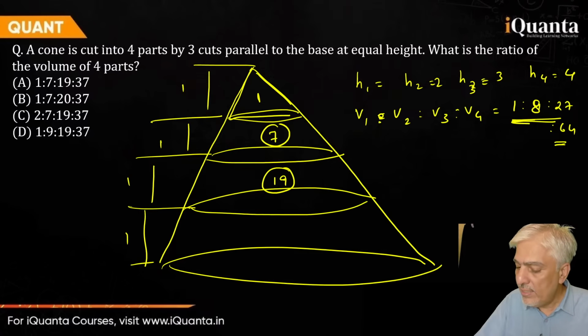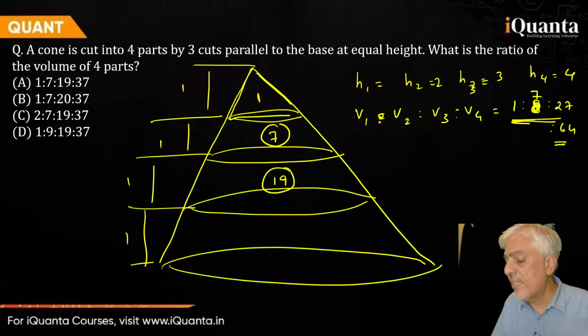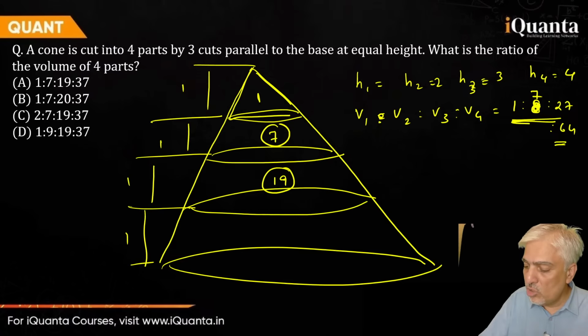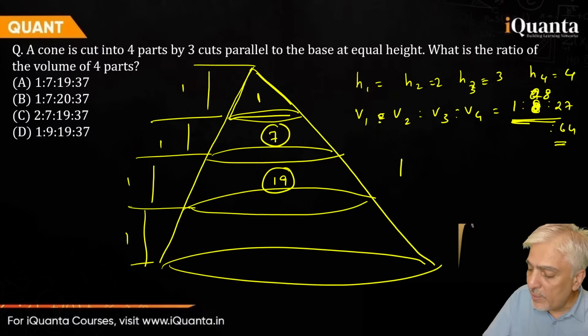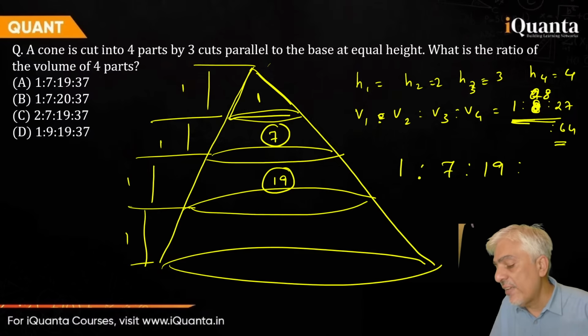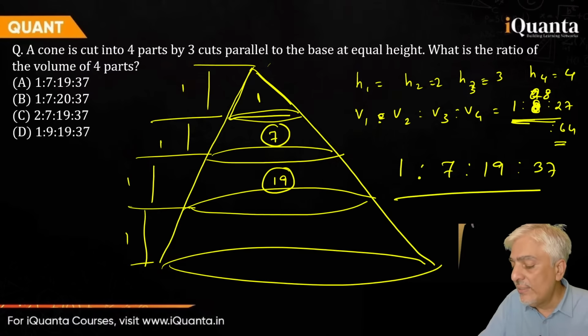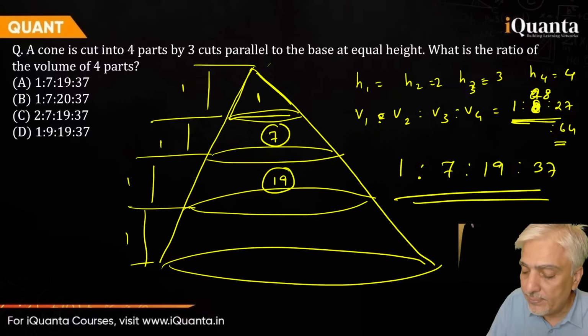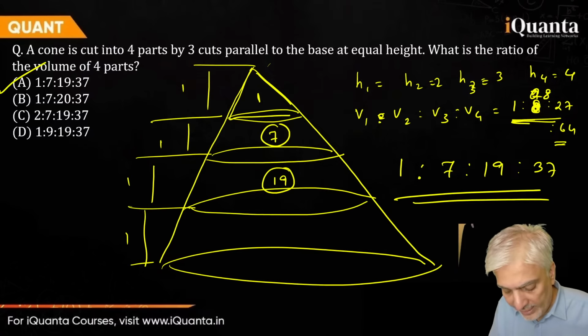One second. This will be 7. 8 minus 1, 7. First part 1. Second part 7. Third full part was 27, from 27 the 8 went, so 19. From 64 the 27 went, so 37. 1, 7, 19, 37. First option. This you should know well.